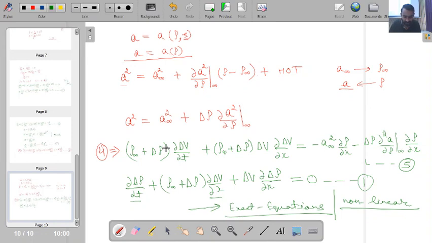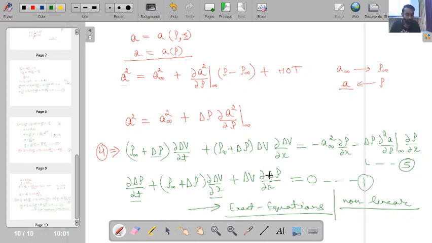Because here you can see every term: delta rho is unknown, del v by del t is unknown, and these are coming in multiplication. Here also a number of unknowns are coming in multiplication. So the power of the unknowns is greater than 1. That is the reason these equations are non-linear.